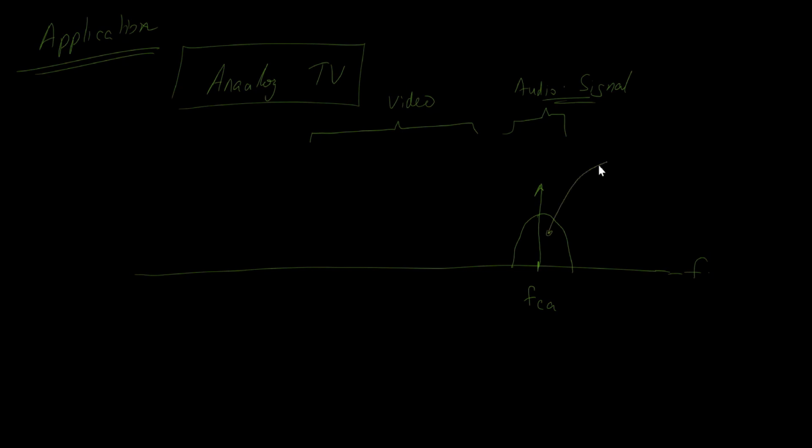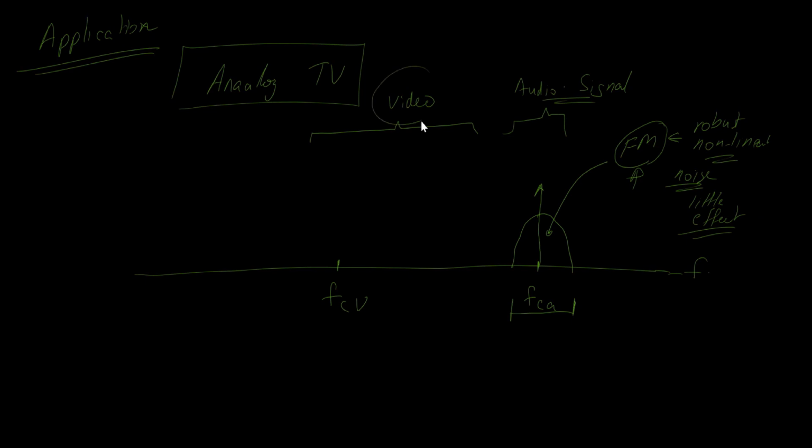This audio signal, we use frequency modulation to transmit it because FM is more robust in terms of channel nonlinearities, and noise has little effect on FM. So we use this part of the available spectrum for the TV signal. Then comes the video signal. Say this is the carrier frequency of the video signal.